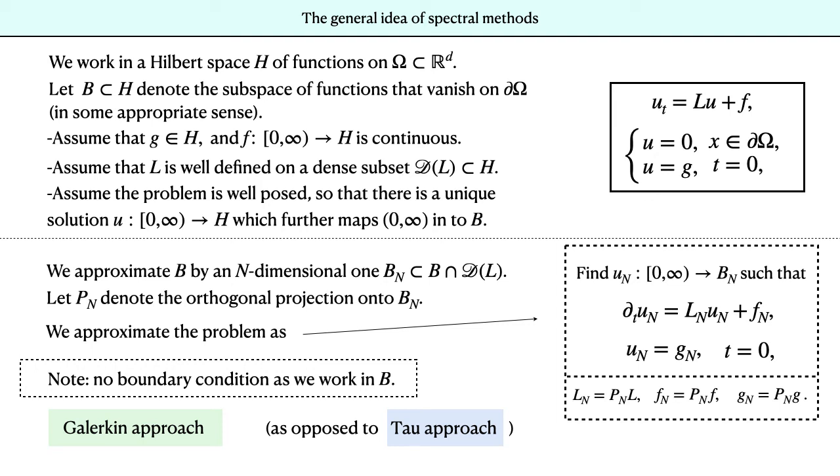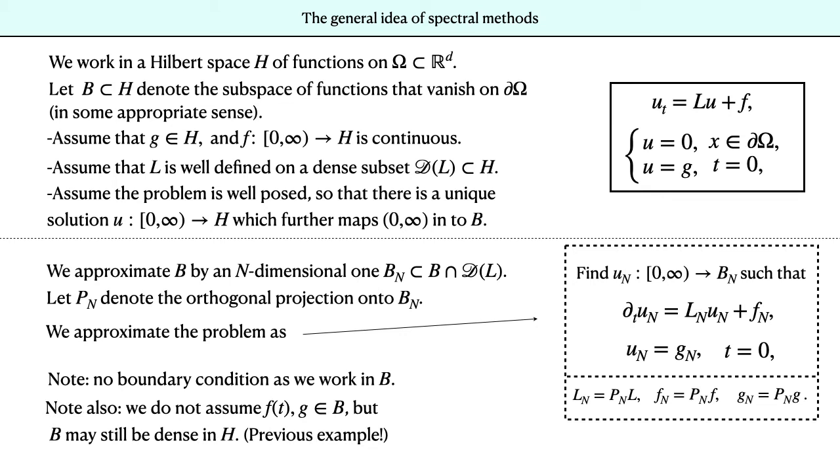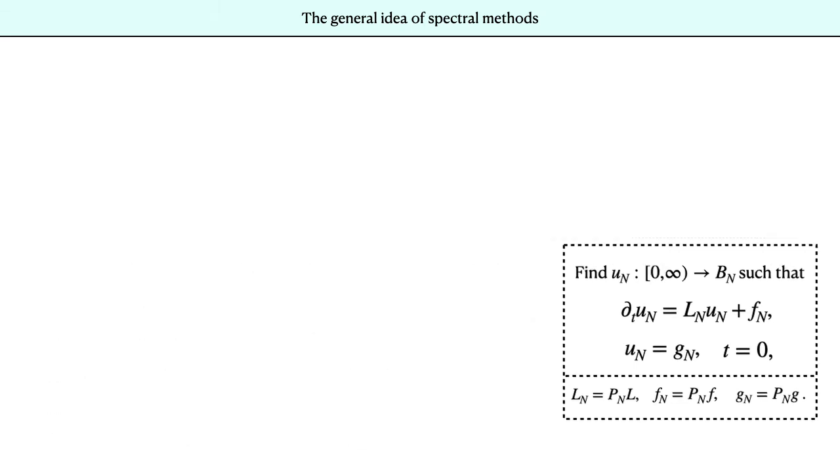We're just going to use the Galerkin approach. We don't assume that f and g originally are in B, but it still might be that as n gets really large, we get good approximations. In the first example, we saw that any square integrable function could be approximated by sines on the interval 0 to pi, but that doesn't mean that every square integrable function must vanish at 0 and pi.